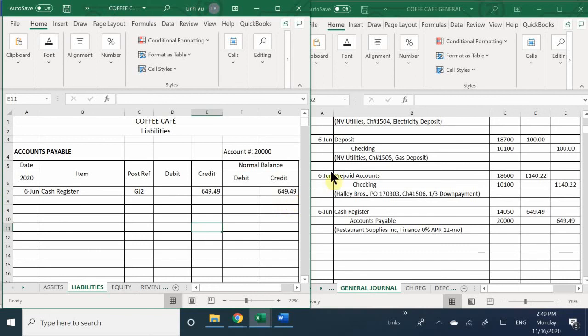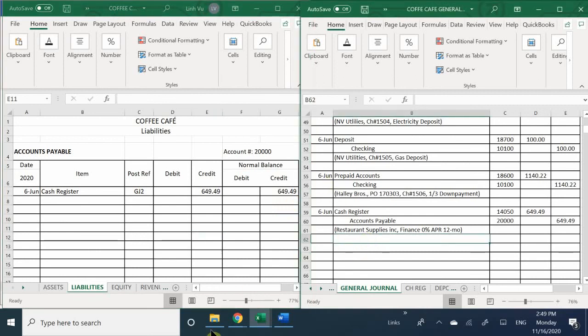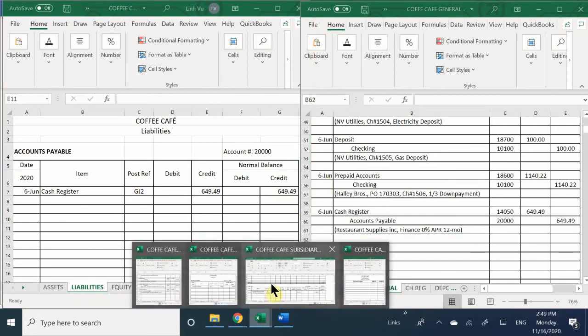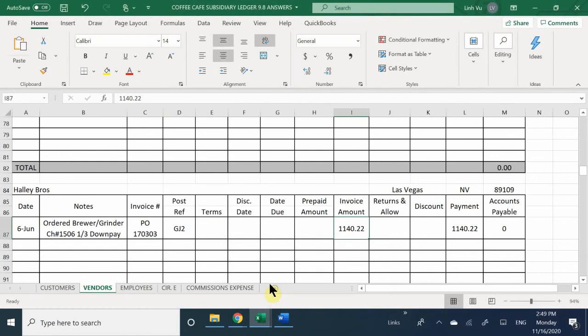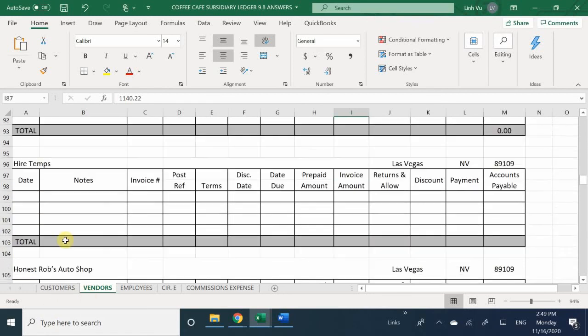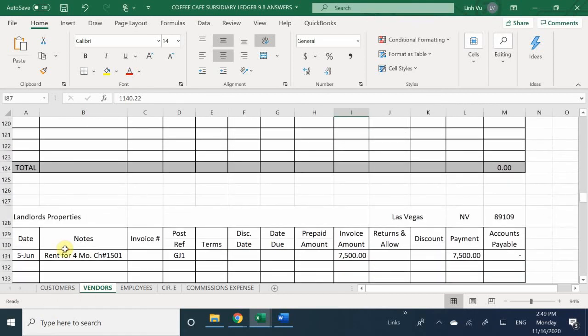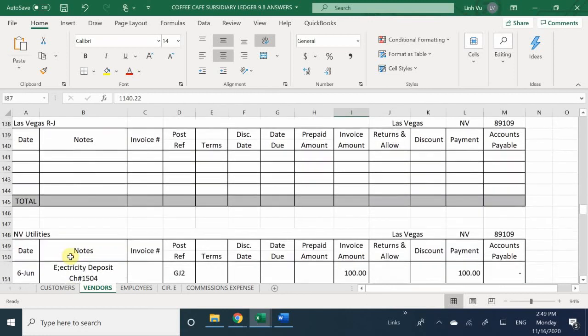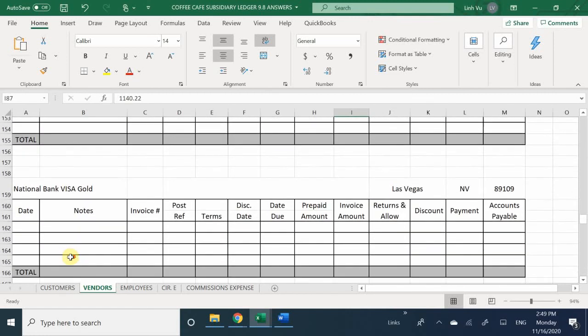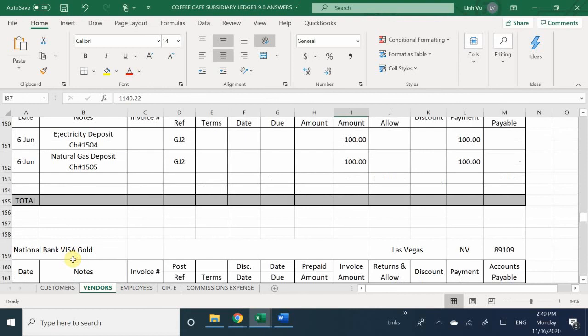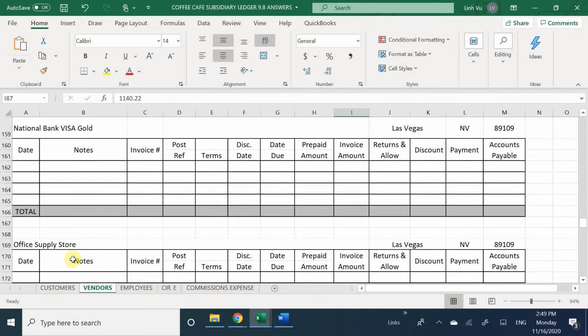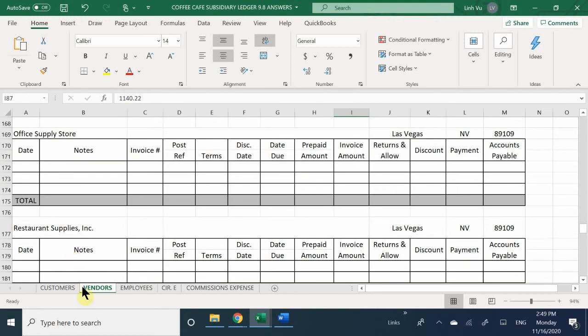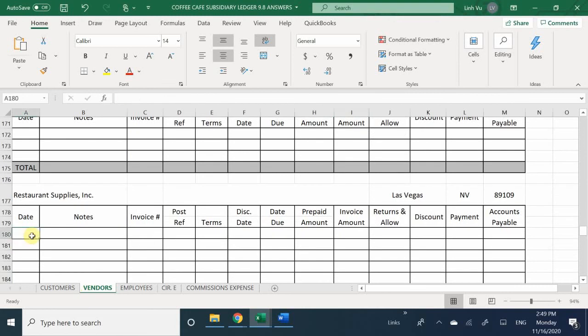Okay. And then lastly, we have to go to our subsidiary ledger and search for our vendor, Restaurant Supplies. Here you go, Restaurant Supplies Incorporated, right here. 6/6.